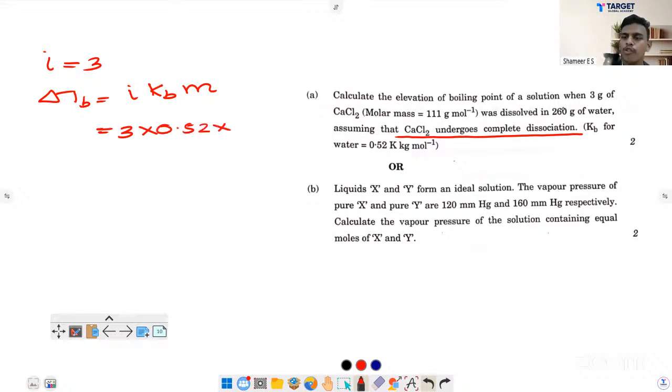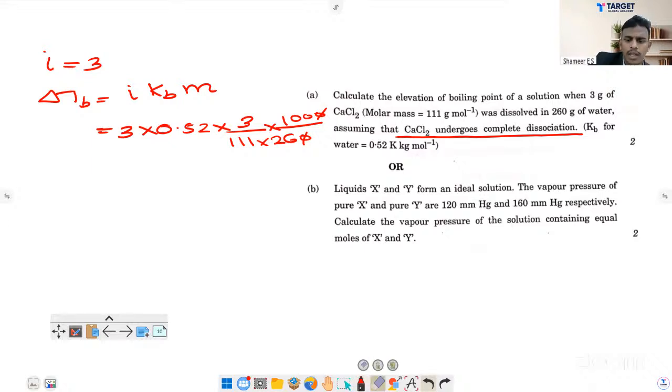Molality means number of moles of solute in the given mass of solvent. So you can see the number of moles is 3 divided by 111, and divide by mass of solution 260 into 1000. Then you can multiply here. You will get 3 into 3, 9.